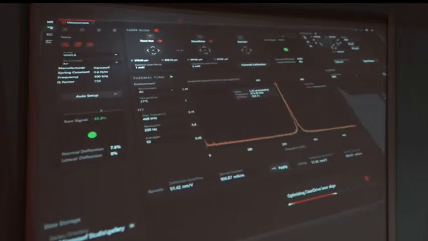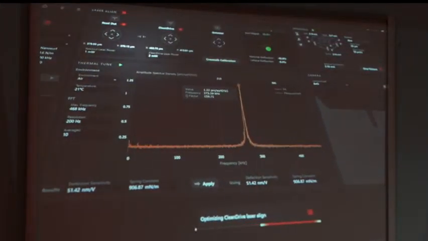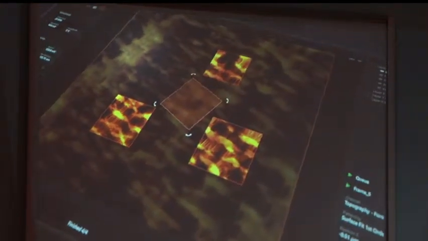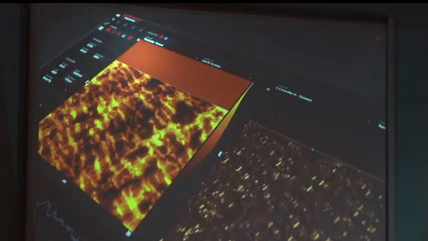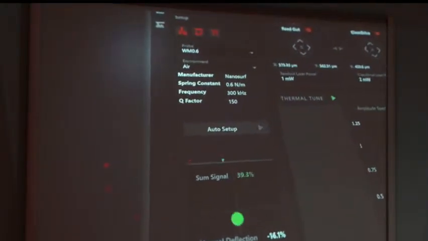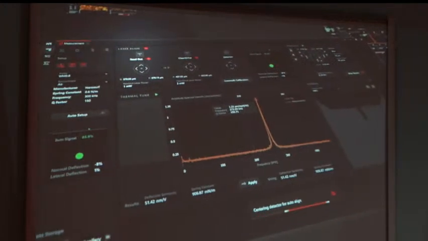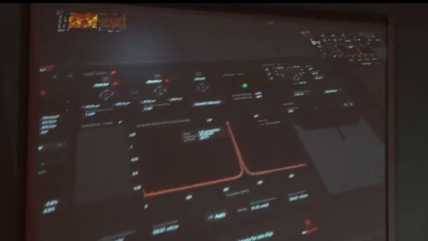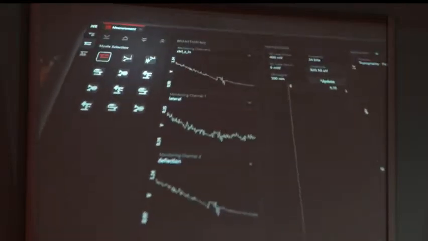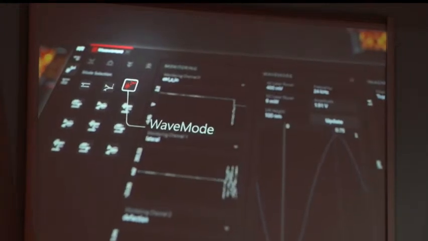No need to touch the AFM once you have put the sample in. You just choose whatever mode you want to do, then click buttons and start the experiment.